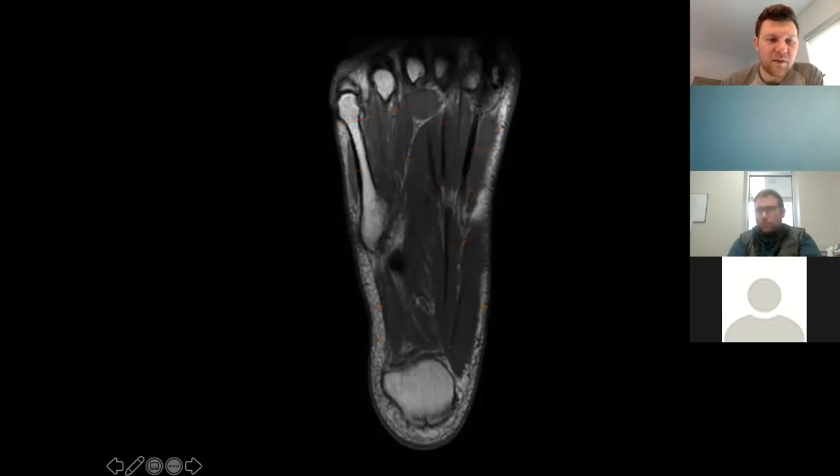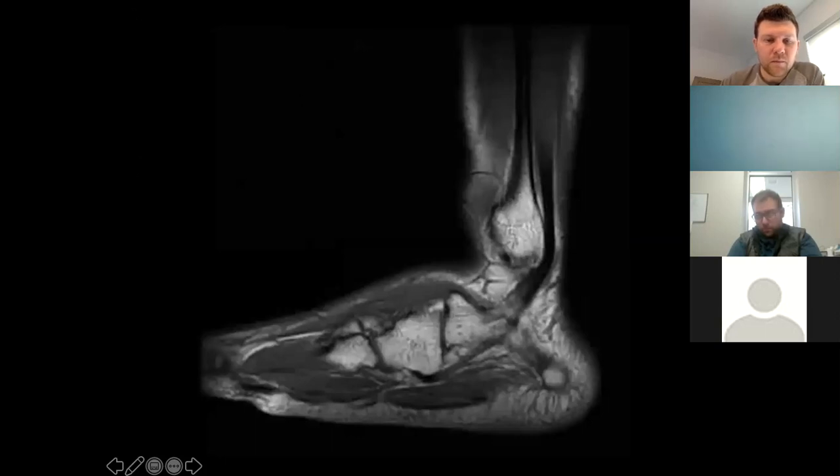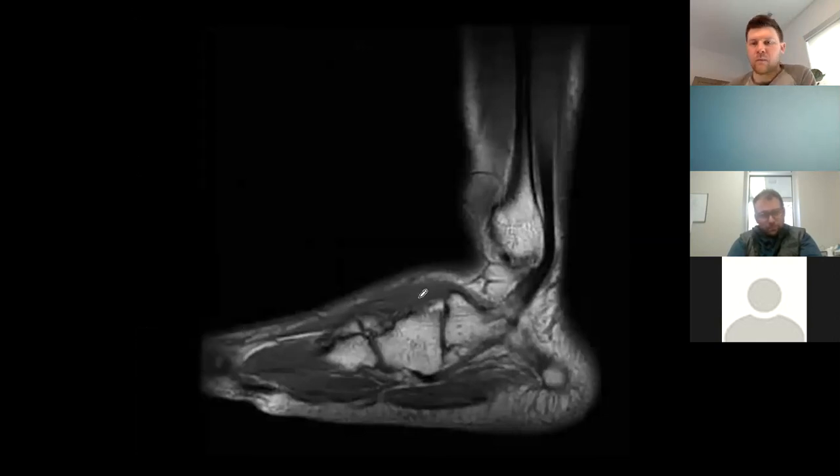All right. Who wants to take on the first sagittal image? Anybody?